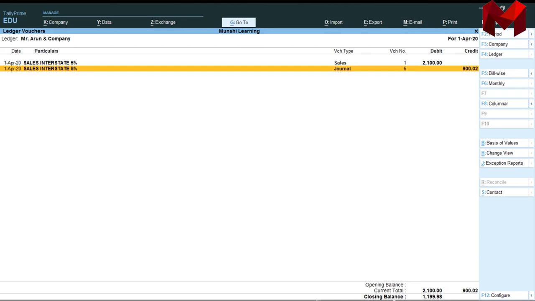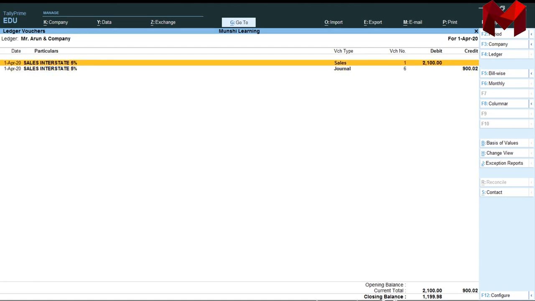So Mr. Arun is now liable to pay me only 1199.98 rupees, which is the closing balance. Closing debit balance means it is my asset. I need to take 1199.98 rupees from Mr. Arun. So this is how the debit and credit notes work. This was your original entry of 2100.